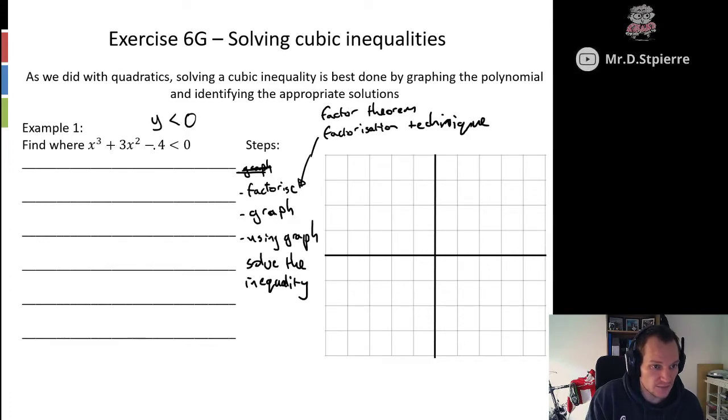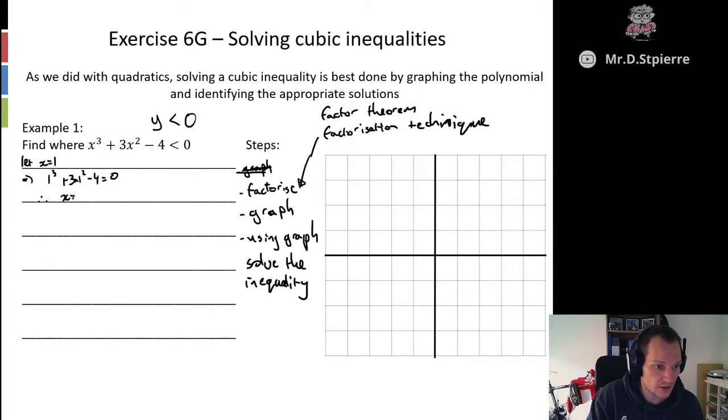It's got a negative 4, so I'm going to assume 1. So let x equal 1. We'll substitute that in. It follows that we get 1 cubed plus 3 times 1 squared minus 4, which is equal to 0.